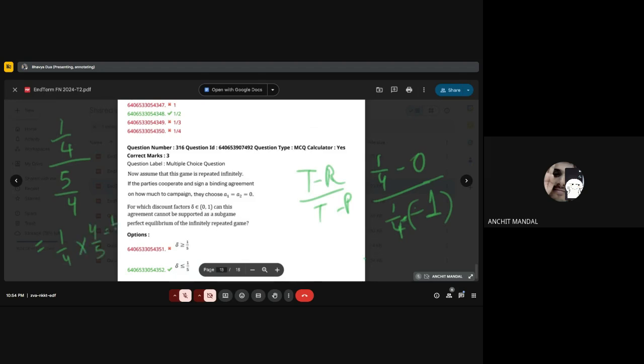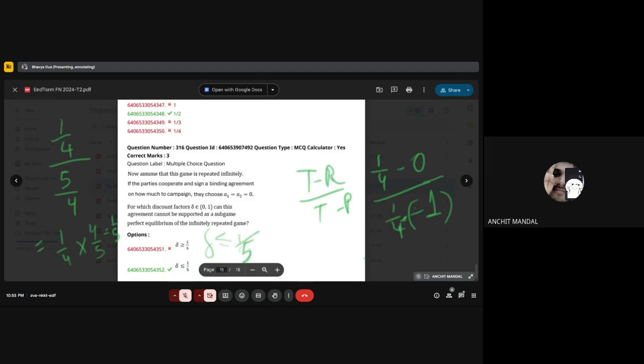So here it is less than or equal to. So we just have to switch the sign, because this formula is for delta greater than or equal to. This formula works with that. Say that again.